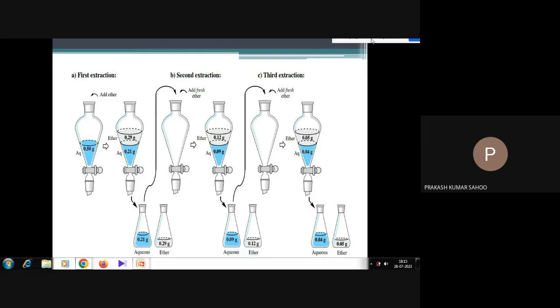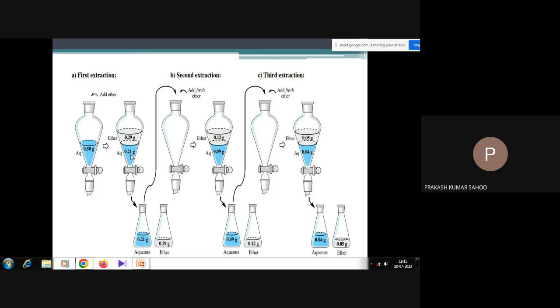This is in your first conical flask. Then followed by the separation of the second one. The aqueous layer, 0.21 gram, because this is the lower part, if I separate it first, then maybe some ether gets added to this aqueous layer or water.